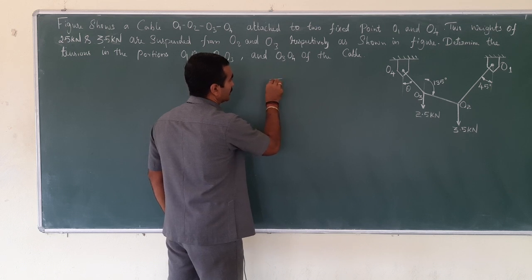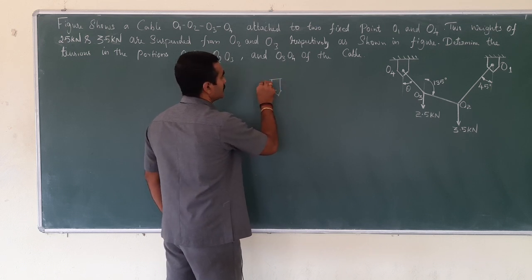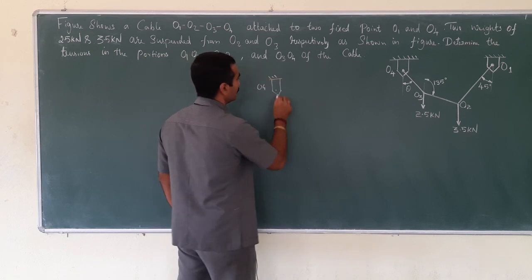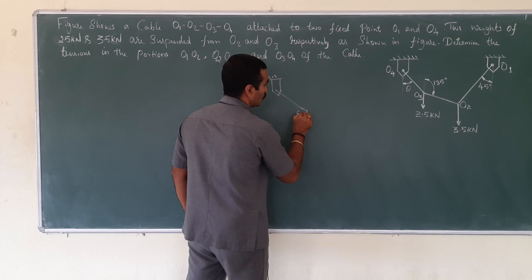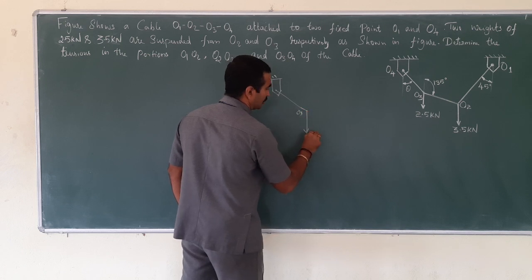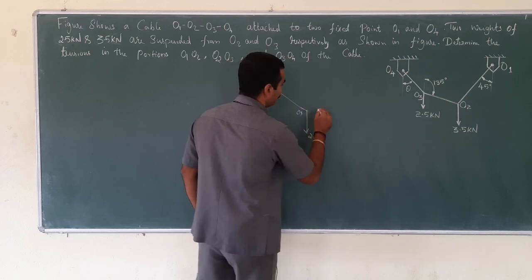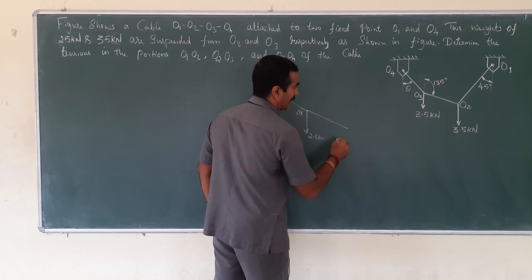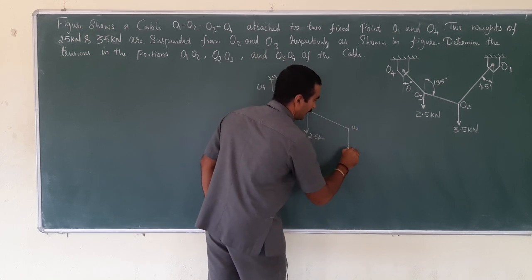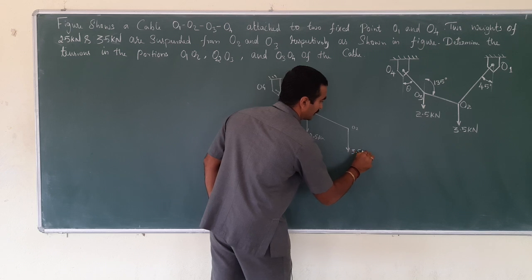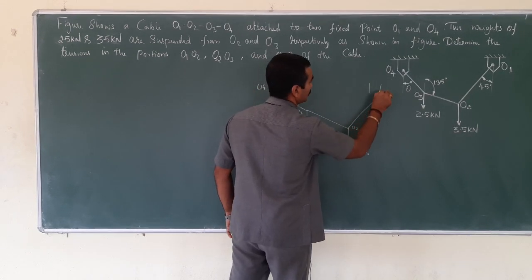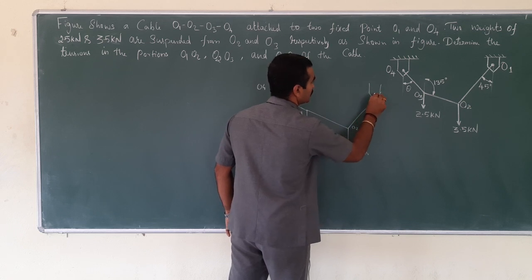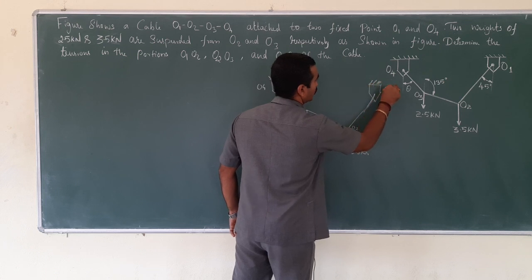Let me consider this as O4, and this has been tied at O3 with a weight of magnitude 2.5 kilonewton, and this is further inclined, and the weight is 3.5 kilonewton, and this is tied at the other end, at O1.